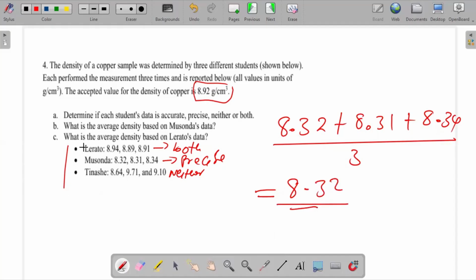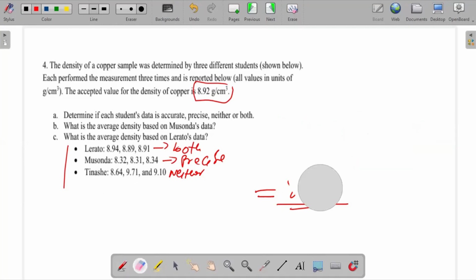Okay, then the last one is asking: what is the average density based on Tinashe's data? We do the same thing. So someone give me the final answer there, the average.